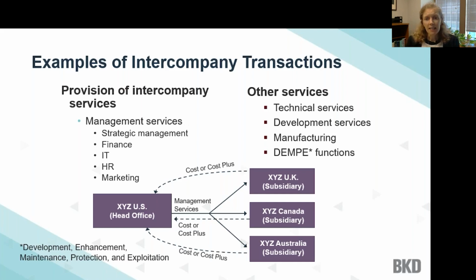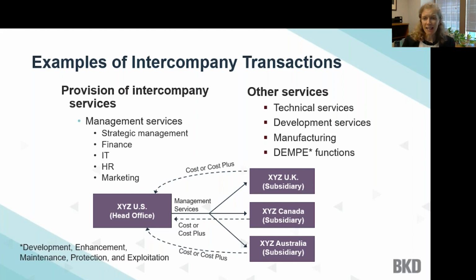So in this case, with this example, if the US head office wanted to centralize all the IP ownership in the US, but let's say Canada was providing some contract R&D services, they would want to do that on a contract basis for the US. So therefore, the US is paying for the development of the product and therefore can maintain its economic ownership of the end product that's being developed.